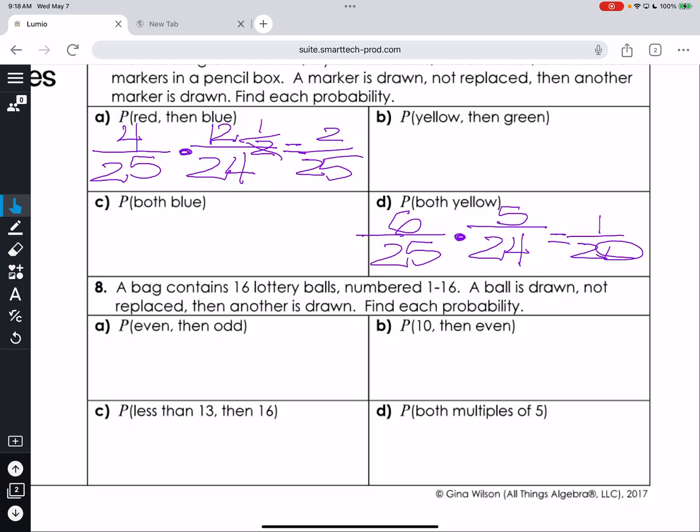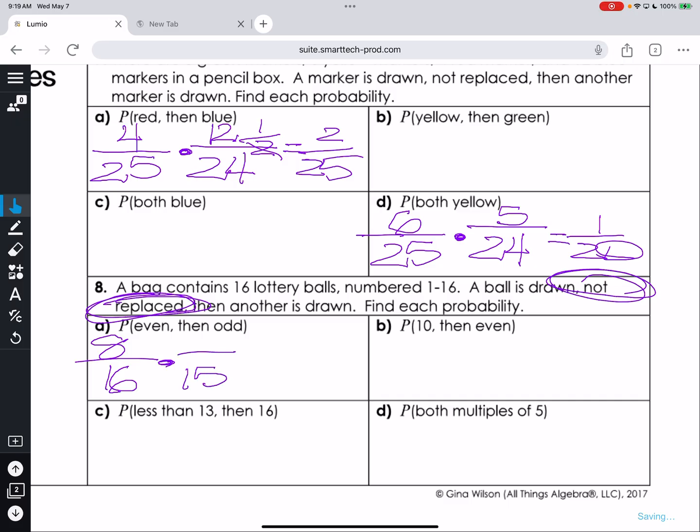We have 16 lottery balls, but they are numbered 1 through 16. Okay, so what's our denominator? It's going to start off as 16. What are the options for them being even? 8. And we put 1, we did not put it back. It's not replaced. So then when we go to draw again, we have 15.